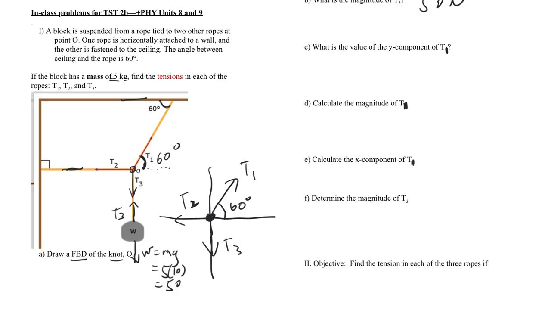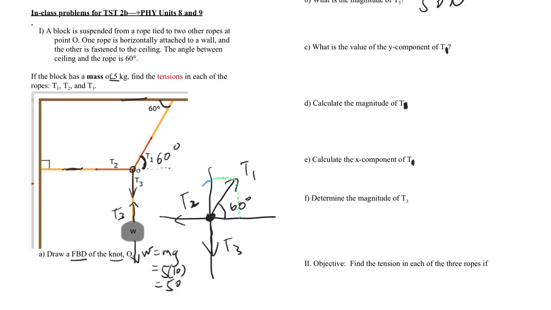So what is the value of the Y component of T1? Okay, well, first of all, hope you remember what Y and X components are. I'm going to just draw a rectangle with the given slanted force, diagonal force, as the diagonal from one corner to the other corner of that rectangle.